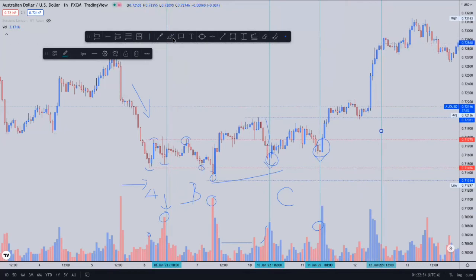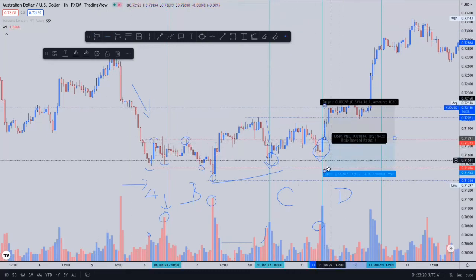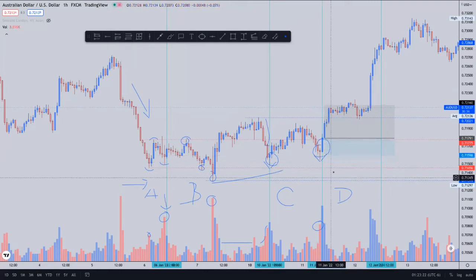So now we have phase D. And again, I do know that I said that phase C usually gives you your first opportunity to enter the trade. And what happens is we do get that higher low on higher sell volume. And now we have the reversal candle, right? So we're looking at entries right here. And we do want to use our fib extension tool to see or to measure this move.